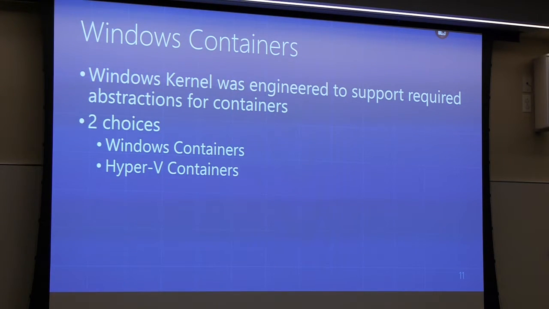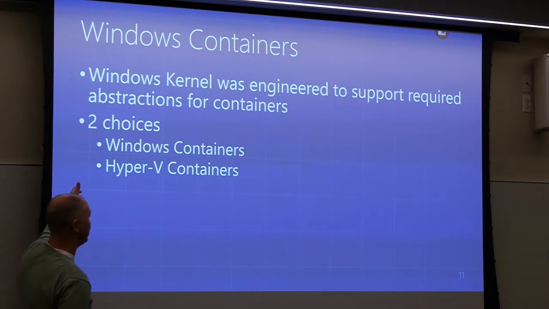I can't go into too much depth given the time or my knowledge. But we built out all of the required abstractions in order to support containers. And so now we have support for Windows containers, and 2 flavors of Windows containers. I'm going to walk you through a nice visualization I built to show you how Windows containers relate to Linux containers in just a minute.